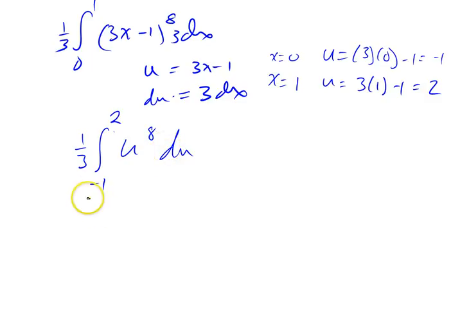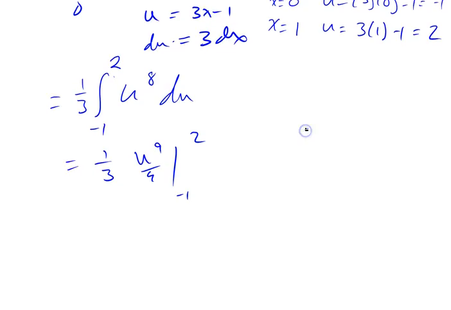Okay, so this now integrates to 1/3 u to the 9th over 9 evaluated between minus 1 and 2, which will be 1 over 27 times 2 to the 9th minus 1 over 27 times minus 1 to the 9th.